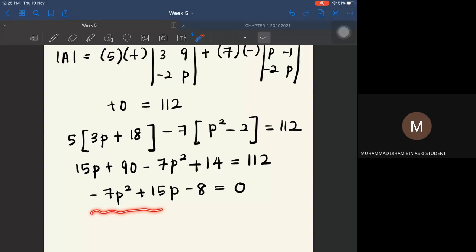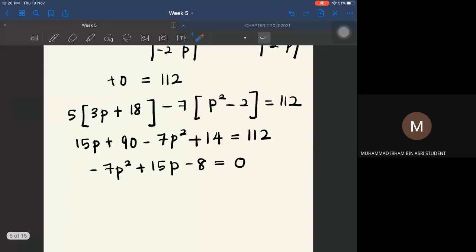Okay, now you have this quadratic function. So simply masukkan dalam calculator to get the value of P. So here kita ada kita nak cari unknown ke degree. Kalau kita tekan root calculator equation ni, kita nak pilih yang mana? Unknown ataupun degree? Degree. Degree. Sebab apa? Power kat sini 2. Degree, okay.